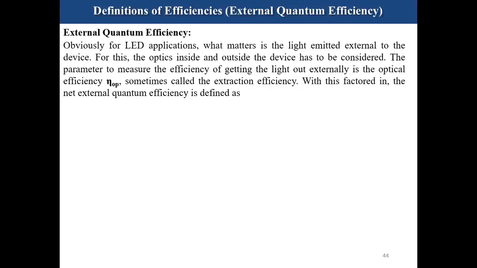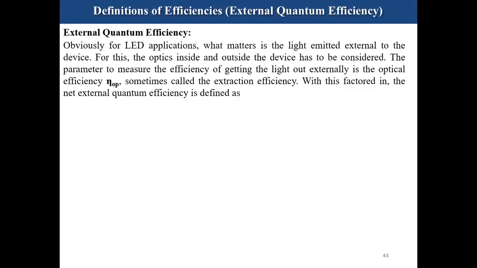The external quantum efficiency is also important. Considering LED application, the important aspect is light emitted external to the device. For this, the optics inside and outside of the device have to be considered.